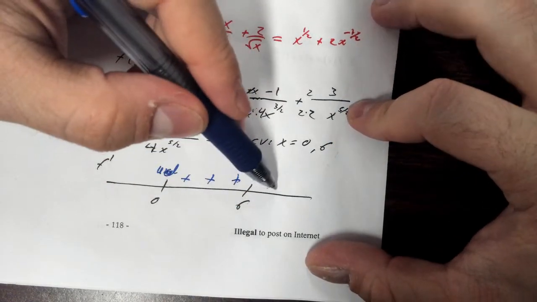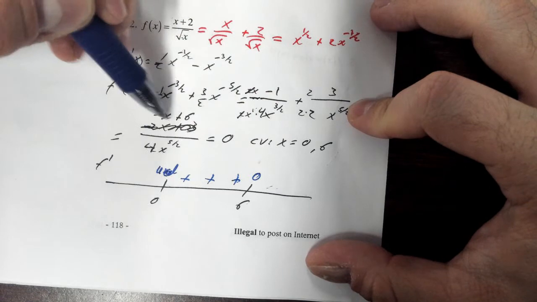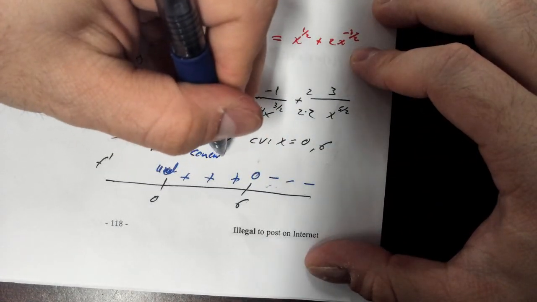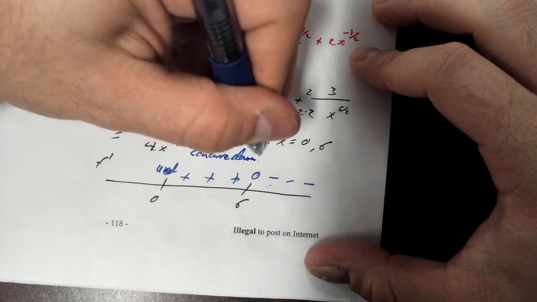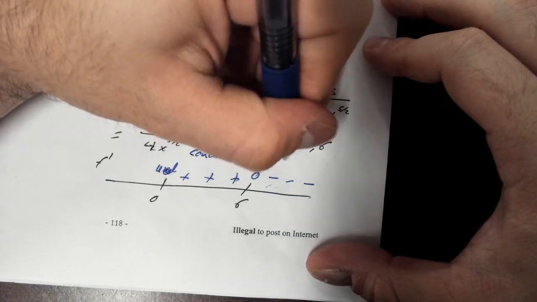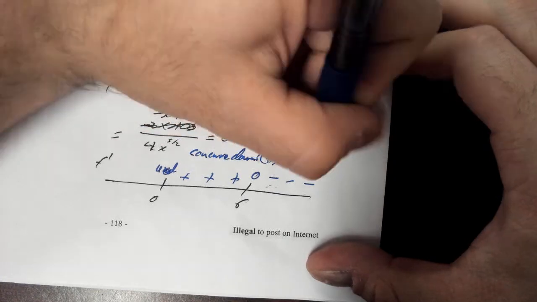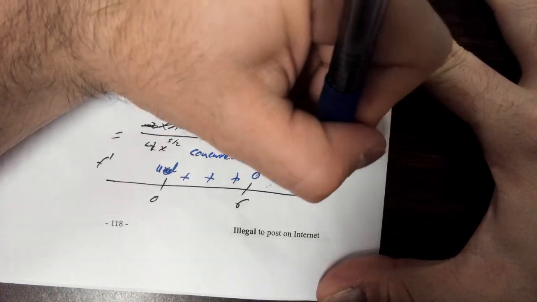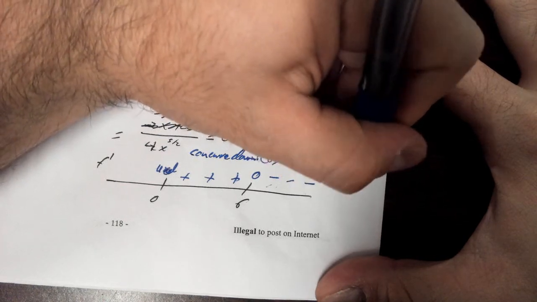When we plug in a number after 6, like a positive 7, that would end up being negative. So we're concave down from 6 to infinity. We're concave up from 0 to 6.